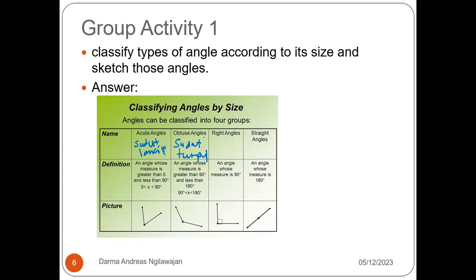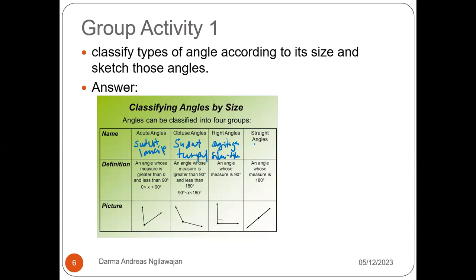So, what angle is this one? Siku-siku, Pak. Yeah, good. Siku-siku.